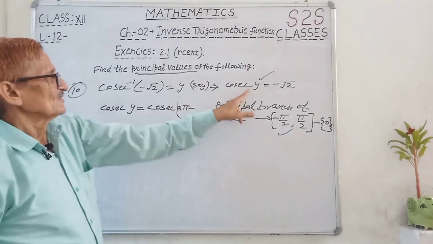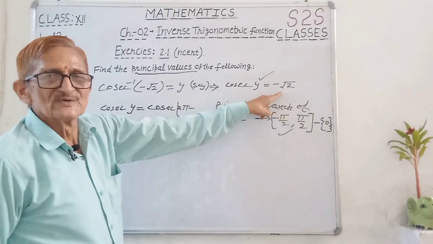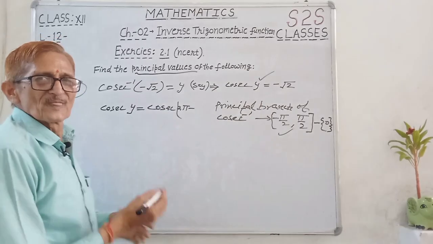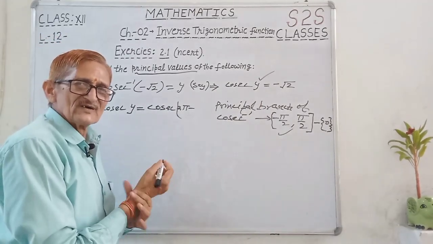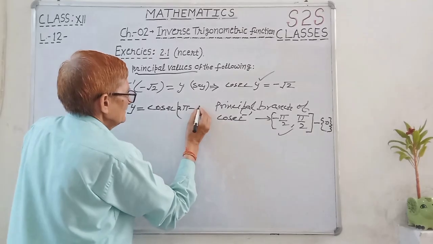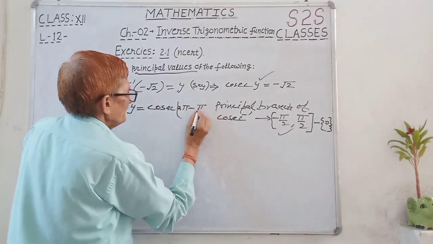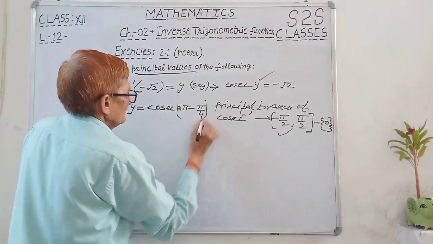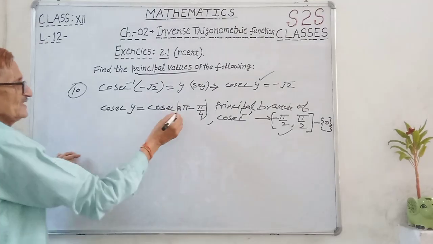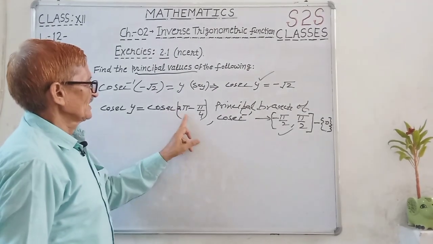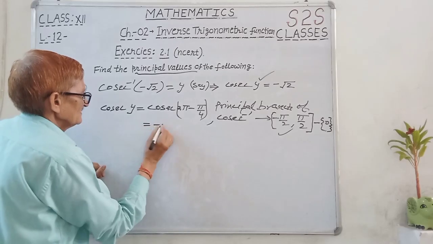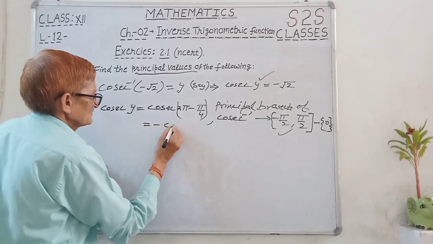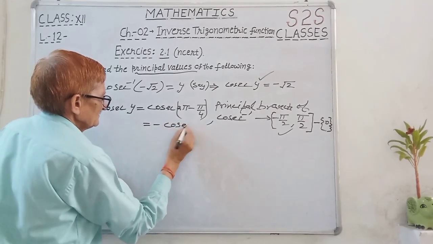Theta is 45 degrees, because sin 45 is 1 upon root 2, then cosec 45 is root 2 upon 1, the reciprocal, so pi by 4. Now cosec of 2 pi minus theta is minus cosec theta.